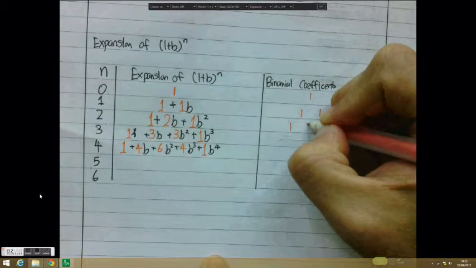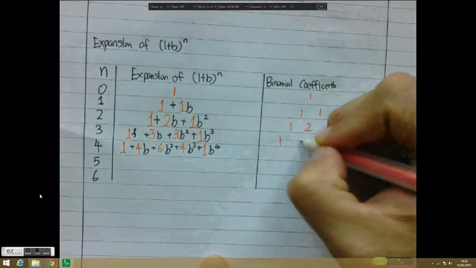Here's 1, 1 and 1, 1, 2 and 1, 1, 3, 3, 1. I'm just copying out the coefficients. 1, 4, 6, 4, 1. Take a few moments now to think: how do I get these coefficients? For example, how do you get this 2 here? How is the 2 related to the numbers above it?